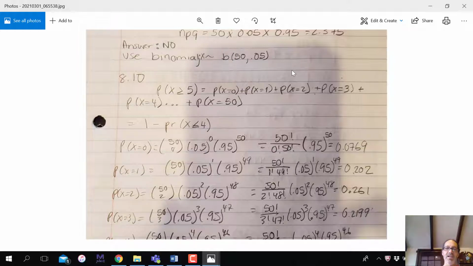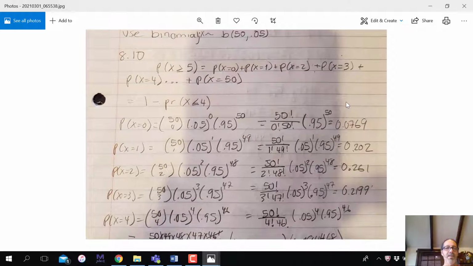We could certainly add together the probability x is 0, plus the probability x is 1, 2, 3, all the way to 50. That would take a lot of work and a long time, and you'd hate me. Or we could do 1 minus the probability that x is less than or equal to 4, because this is asking for the probability that x is greater than or equal to 5. That's the same as 1 minus the probability that x is less than or equal to 4.